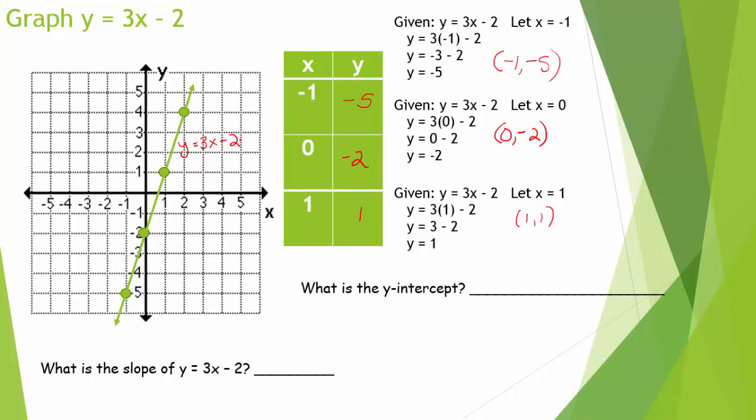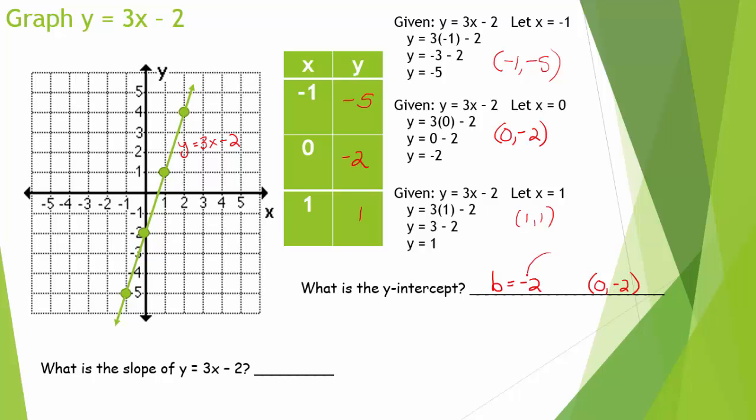One of the questions that is asked on the homework here is, what is the y-intercept? Well, once you have an equation graphed, it's very easy to see that the y-intercept is b equals -2. We could also talk about the coordinates of that point if you want, and the coordinates of that point are (0, -2).